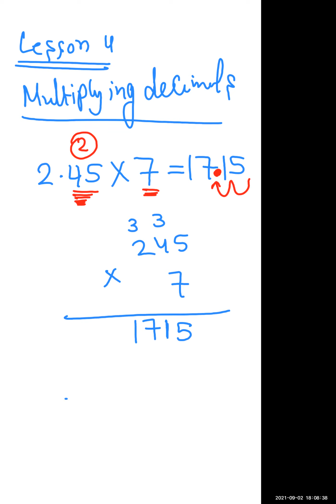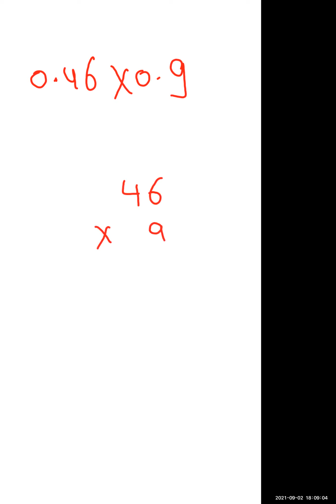One more example so that we can understand it more. If the question is like this, I want to multiply 0.46 times 0.9. Guys, as I told you before, ignore the decimal point. Forget about it. So 46 times 9.